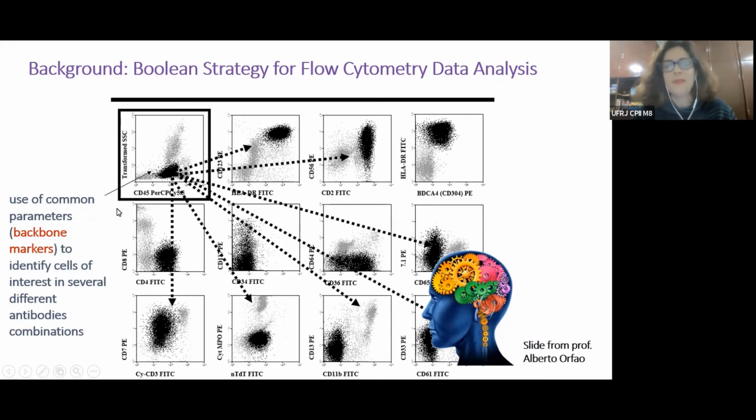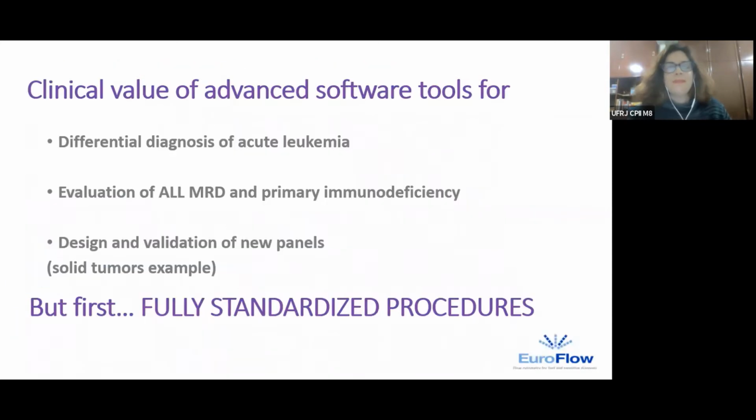So we put, for instance, CD45 in several tubes to see how these CD45 low cells were in different aliquots from the same sample. And afterwards we joined in our minds all this information to say what these cells are.